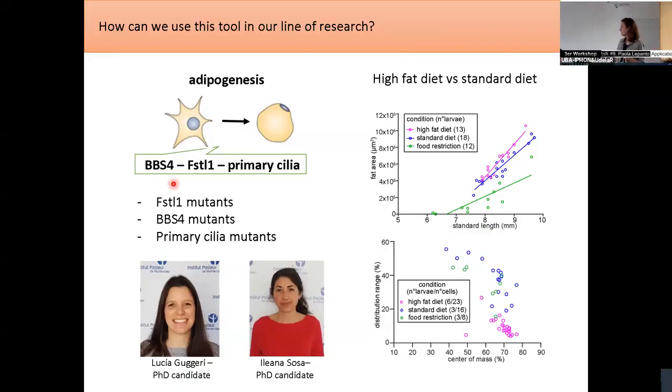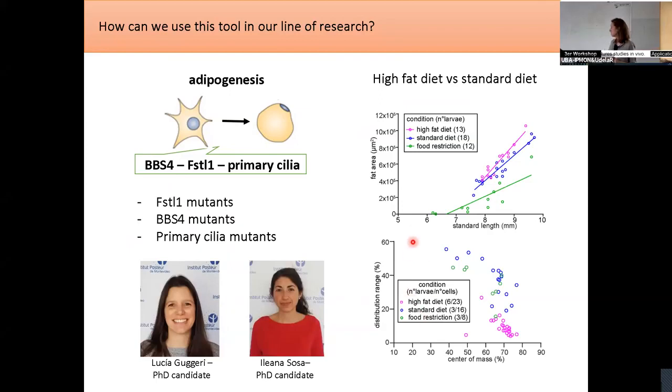And they already generated or are generating these mutants in fish. So we expect to analyze the differentiation of adipocytes in vivo within these mutants, just crossing lines. And also we can analyze the behavior of these cells in different diets, okay?